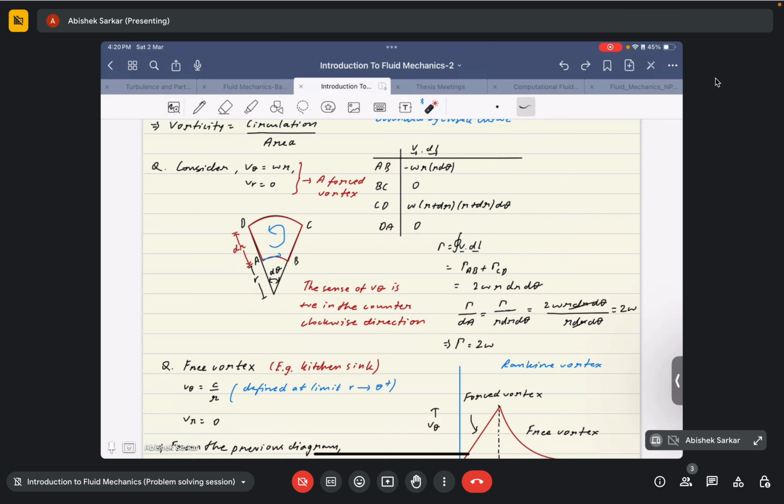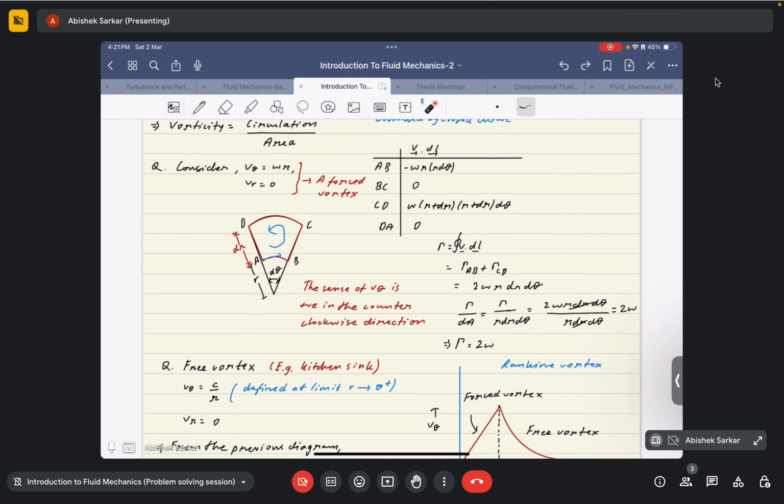It's basically again an approximation, because if we consider this to be the arc length r d theta and this to be dr, then approximating this element as a square, this small elemental area could be approximated to have an area of r dr d theta.